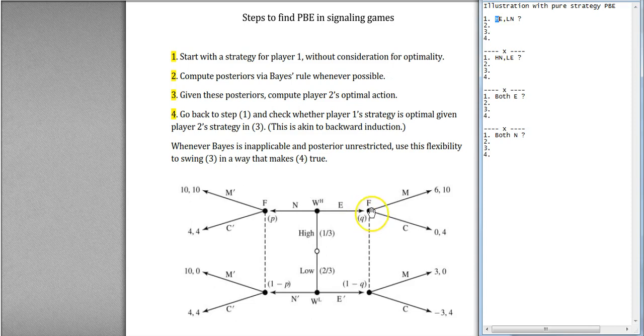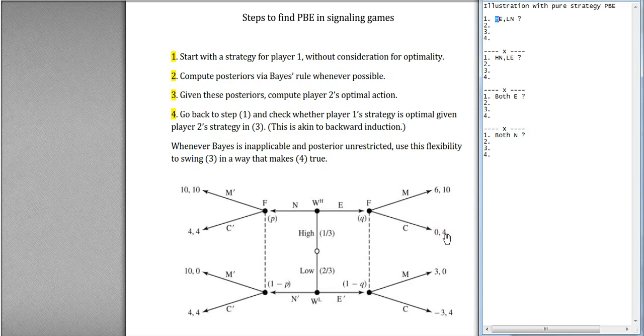And so then the firm is going to choose what? So we're dipping into step number 3 here. The firm is going to say, well, if I think it's a highly educated person, I can make that person a manager and player 2 can get a 10, or I can make the job applicant a clerk and get a 4.